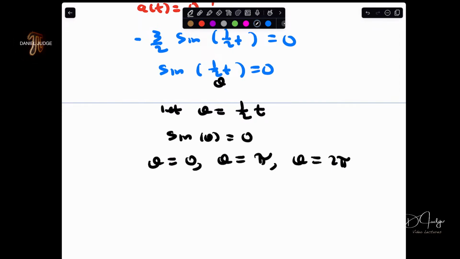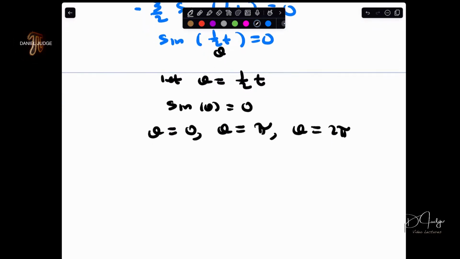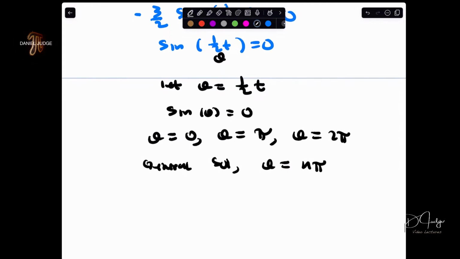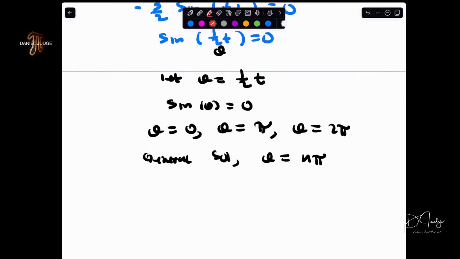And actually, generally speaking, if you guys remember the general solution, theta is simply n pi, right? So this is a very classic trig equation that you're seeing here. A lot of these are fundamental classics.